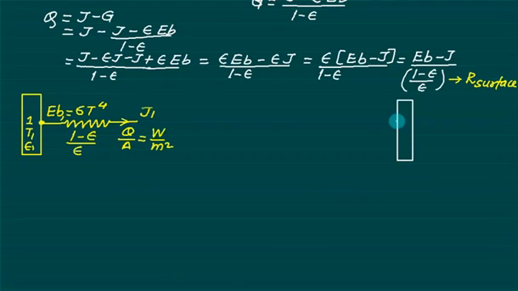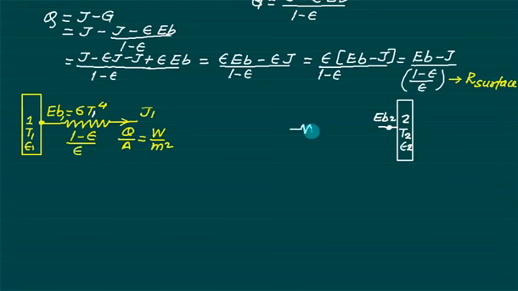Now let's consider another body, body number 2, at temperature T2 and emissivity epsilon 2, and only these two bodies take part in the heat transfer. The emissive power of this body is EB2, which is sigma into T2 to the power 4. This one is T1 to the power 4.